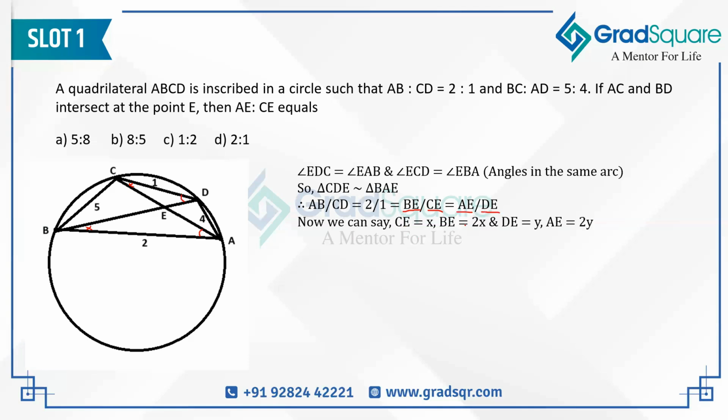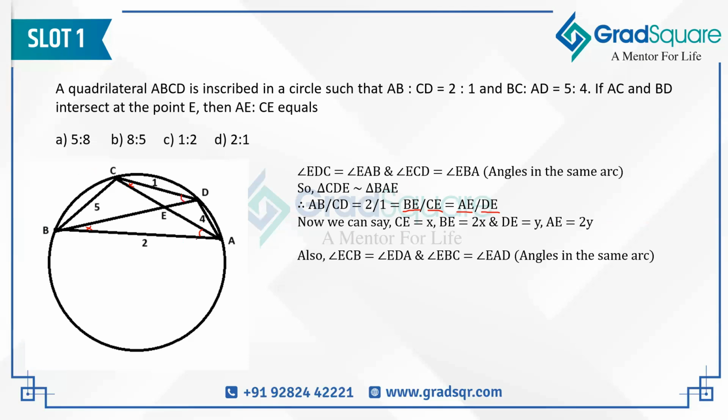So let me try to represent the values in terms of X and Y. So we can write this. Okay. Now, similarly, moving forward, if I look at triangle BEC and triangle DEA, we can prove that these 2 triangles are also similar. The remaining 2 smaller triangles are also similar. Again, by applying the same property that angles in the same arc are equal. Why?